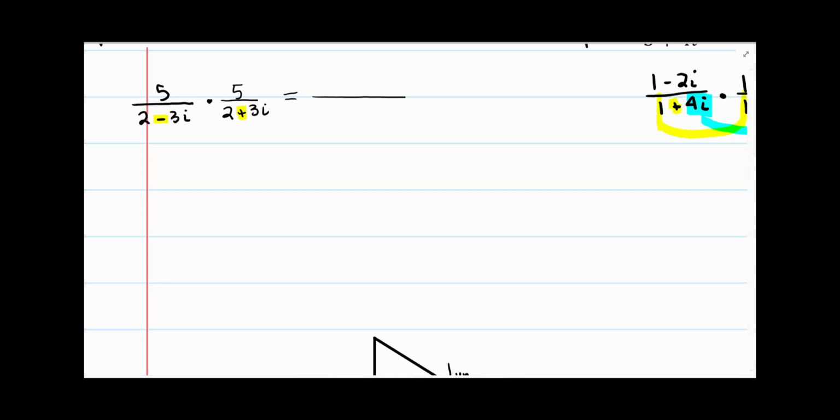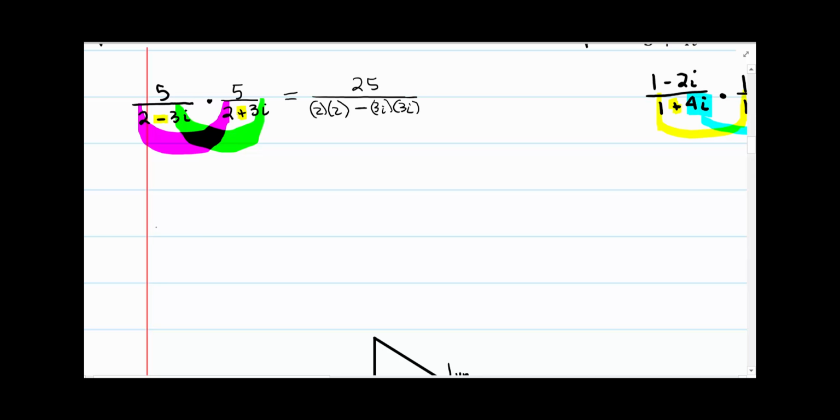Let me multiply the first times the first. So 2 times 2. Negative times a positive is a negative. And then you're going to multiply the second times the second. So 3i times 3i. And yet we're still going to do the numerator. Well, in fact, since this is a monomial, 5 times 5 is 25. So I'll go ahead and do that.